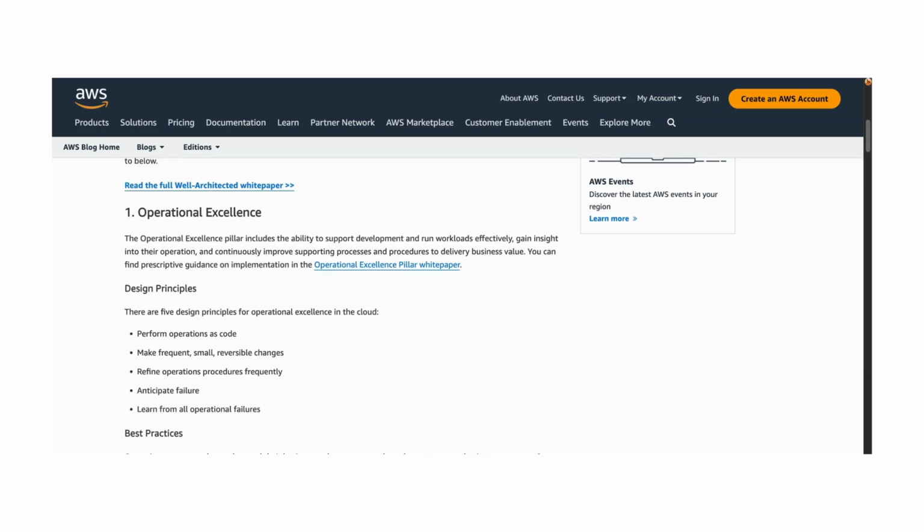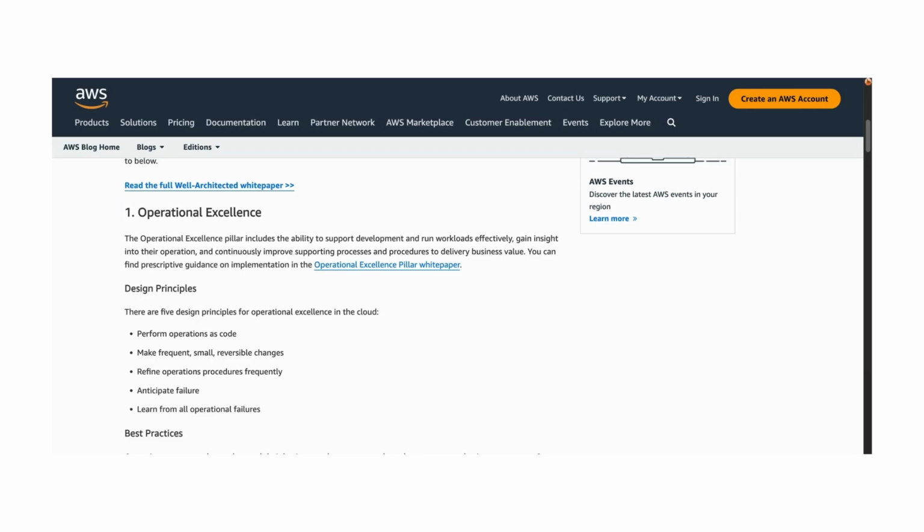Up next, anticipate failure. And to anticipate failure, we could implement AWS Auto Scaling and AWS Elastic Load Balancing to anticipate and manage failures by automatically adjusting capacity for our servers.